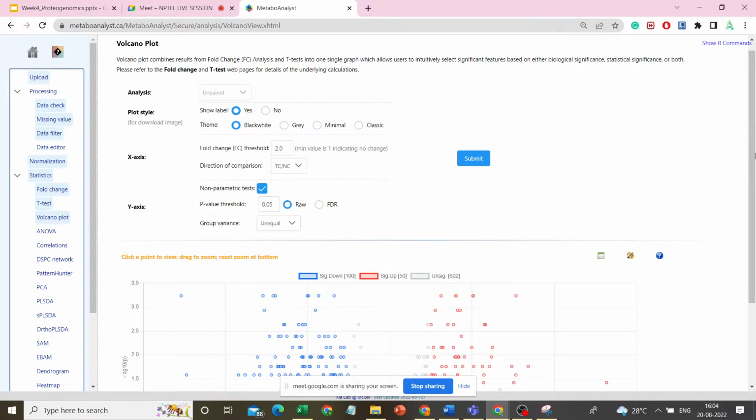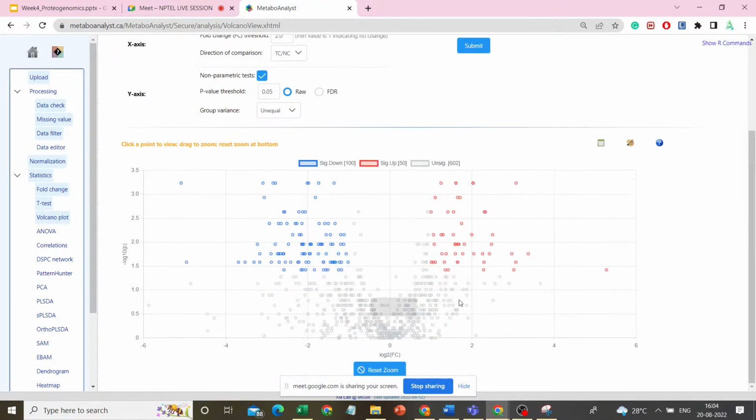You can see in this volcano plot the significant upregulated proteins in the disease state is 50, significant downregulated is 100, and the volcano plot will consider both your log2 fold change and your p values that you have gotten from the non-parametric t-test.